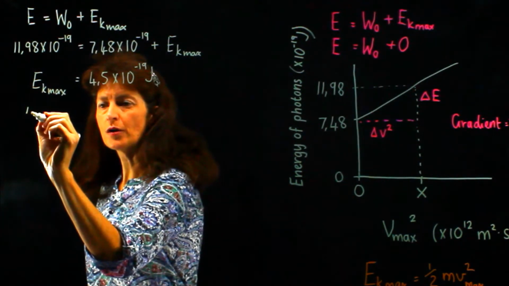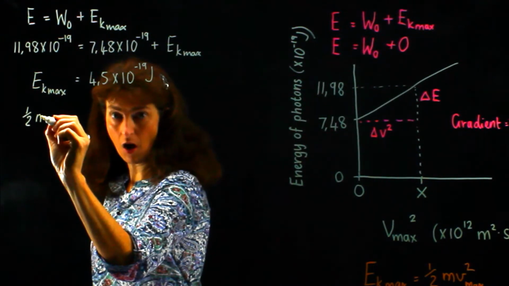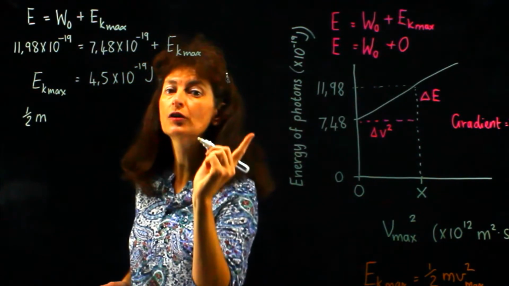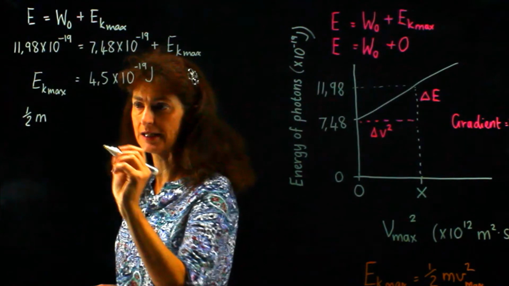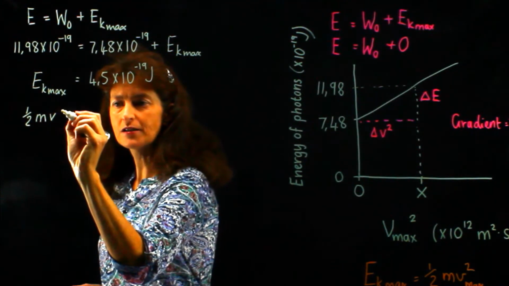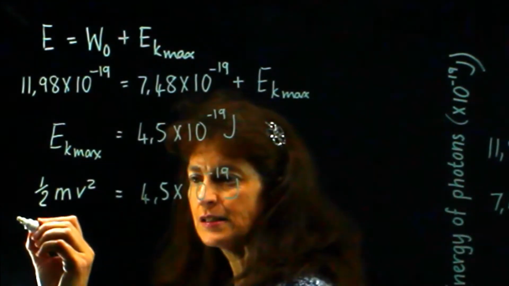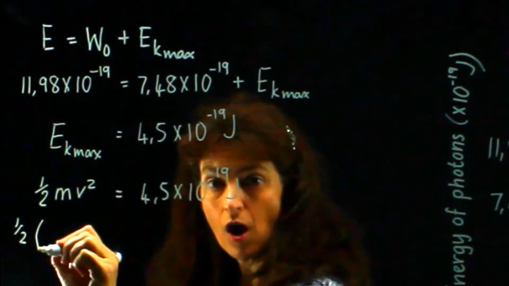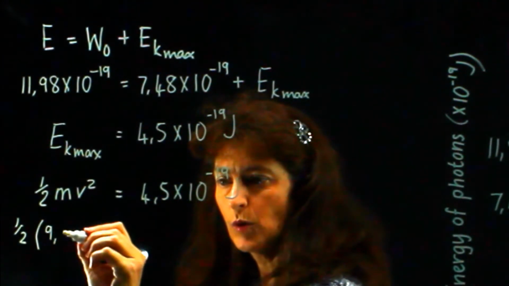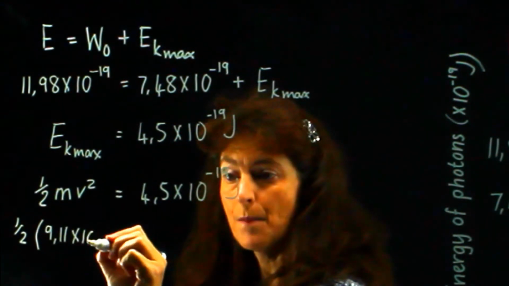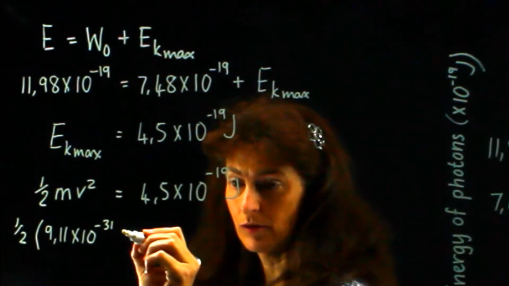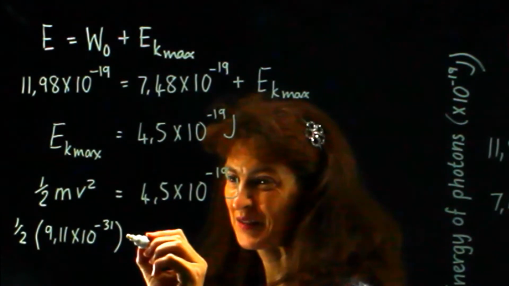So that is equal to half the mass of an electron, which we can look up on our data sheet, times the velocity squared, which is what we're trying to find out. We find that the mass of an electron is 9,11 times 10 to the power minus 31 kilograms. Very light, of course.